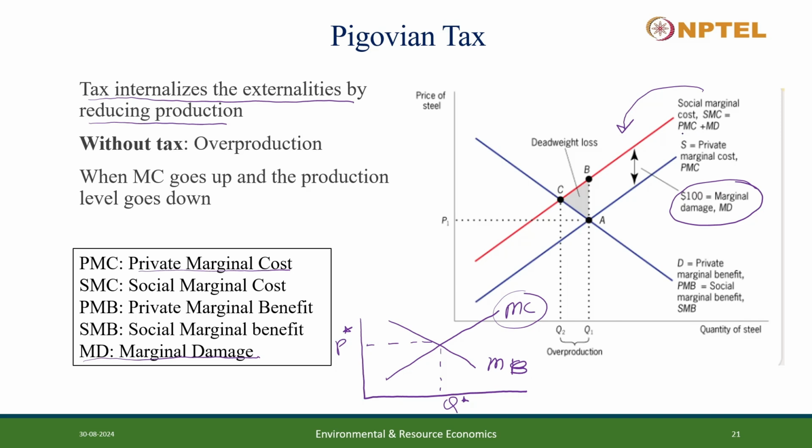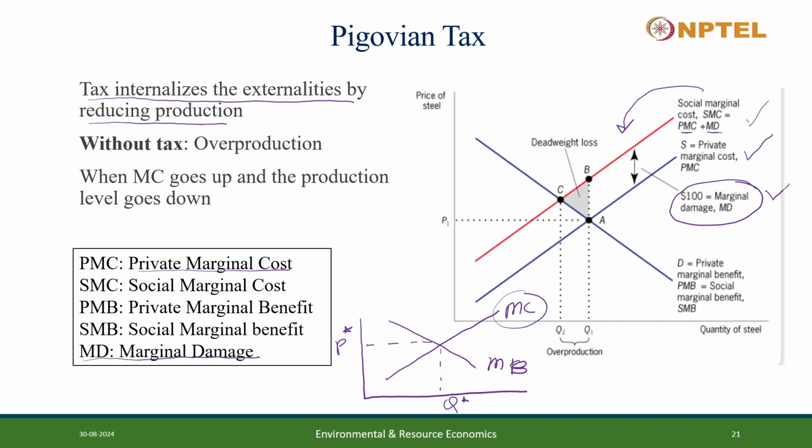So social marginal cost will be private marginal cost plus marginal damage. Is it clear? First we talked about the blue line, that is the private marginal cost. After that, when we consider marginal damage, the marginal cost curve will go up.